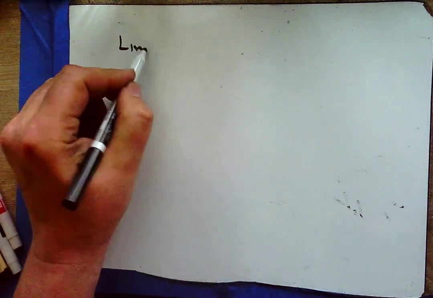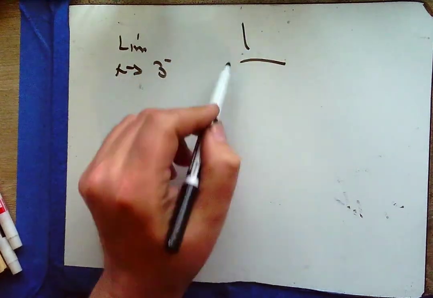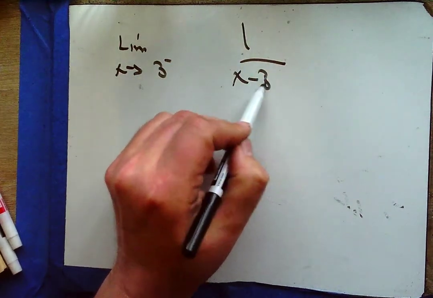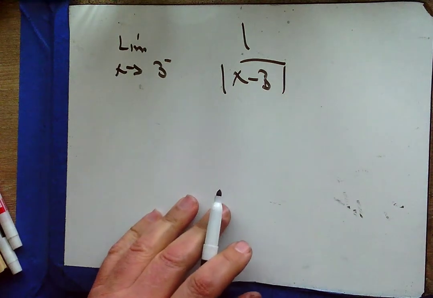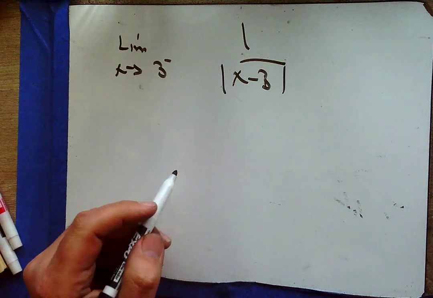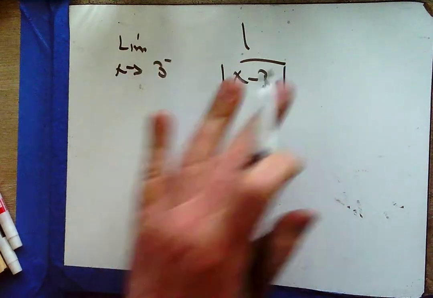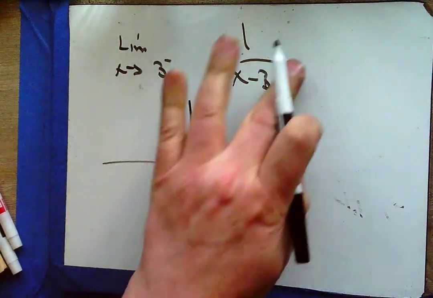What about 19? 19 says the limit as x approaches 3 from the negative side of 1 over x minus 3 in absolute value. Ooh, and without a calculator. Okay. What does that look like? Well, let's graph the original function without the absolute value.